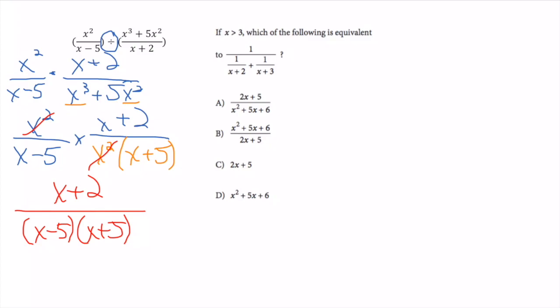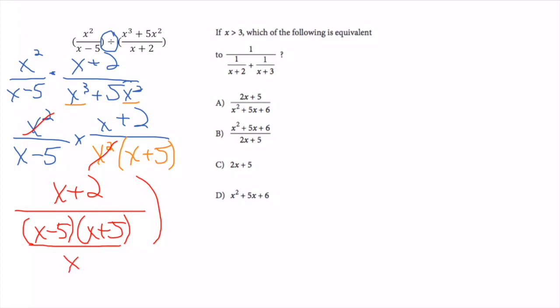Now, if this were a multiple choice question, this right here may be one of the options. If it's not, it just means they went a step further and expanded this out.